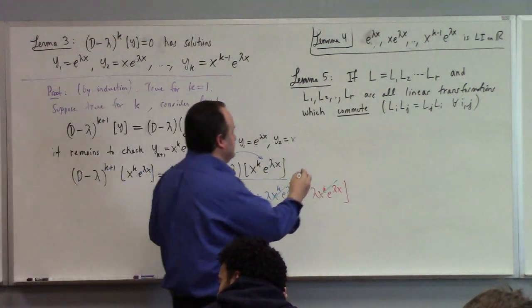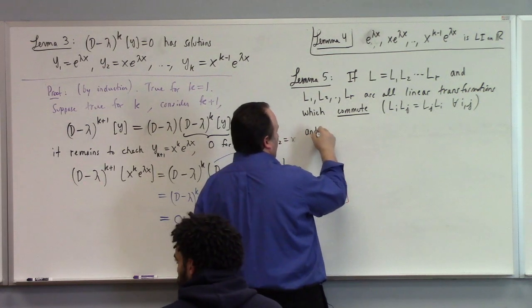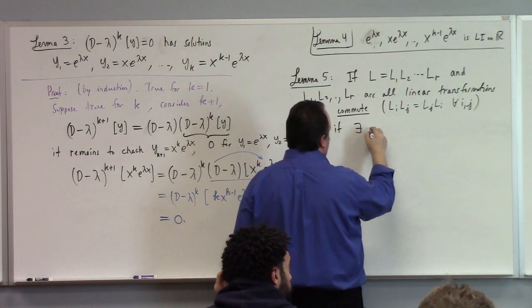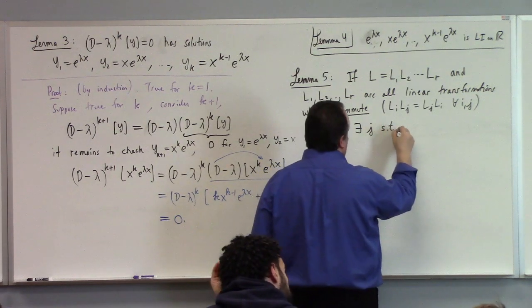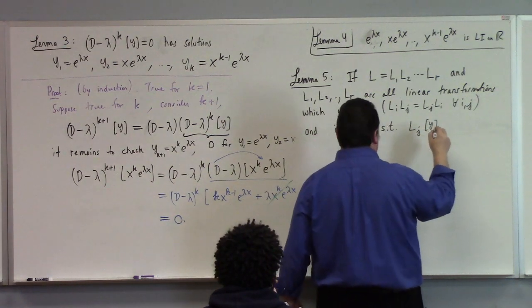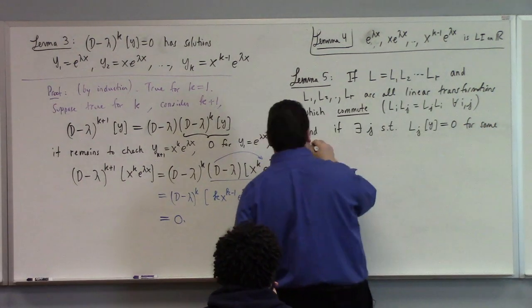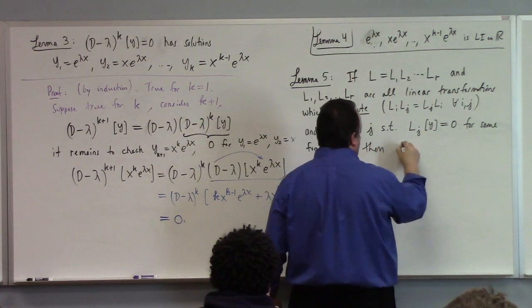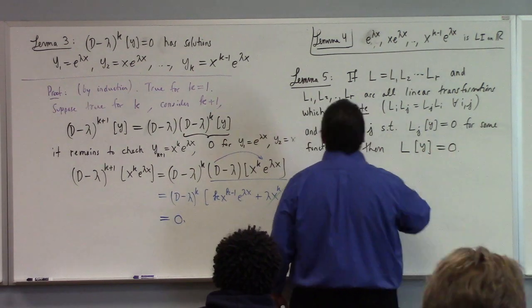And if there exists, let's say, j such that L sub j of y equals 0 for some function y, then here's the kicker: L of y is equal to 0.